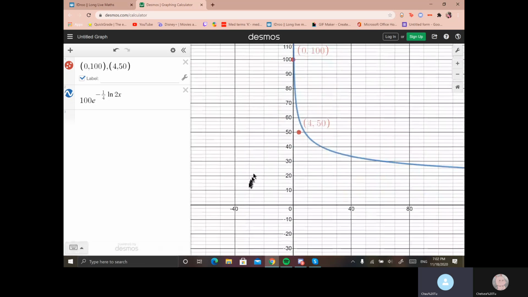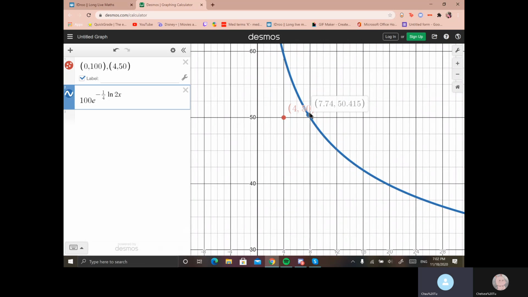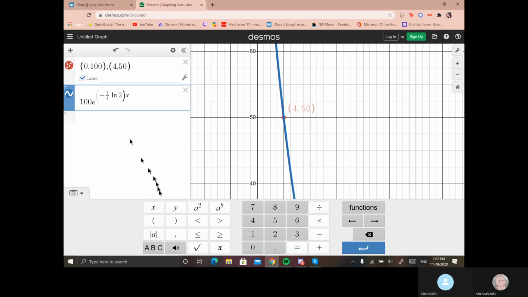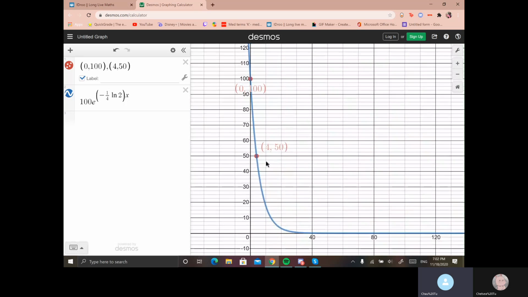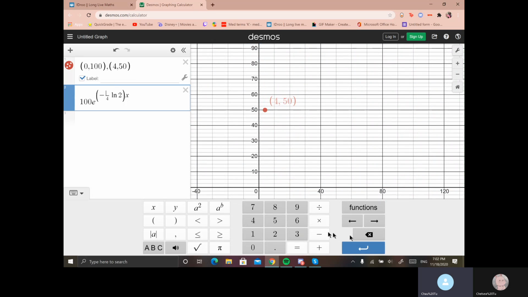So everything's the same. Oh, Chelsea, wait. Wrong. Desmos is thinking you're natural logging 2x. Put a T in front on top of the 4. You might as well multiply it by a quarter, Chelsea. It looks ugly at the moment. Just multiply it by that, and then fix it accordingly.